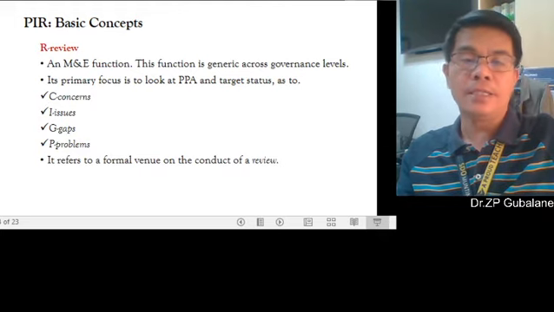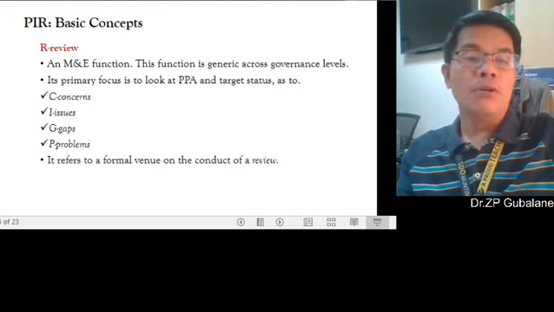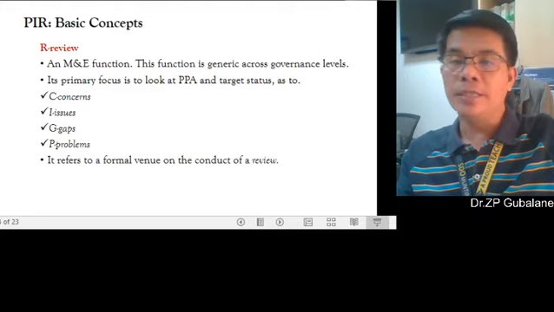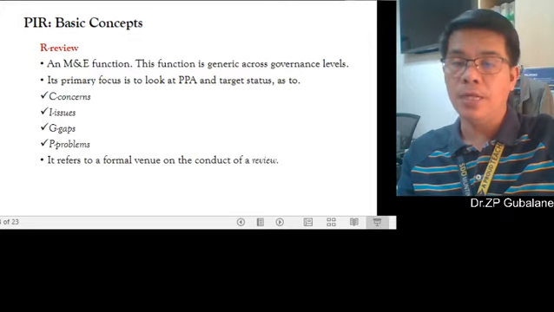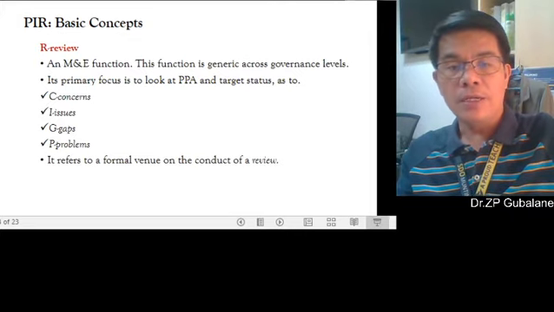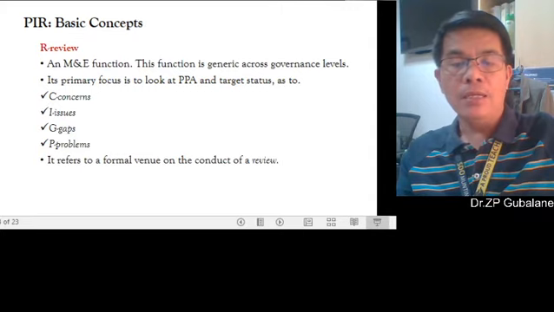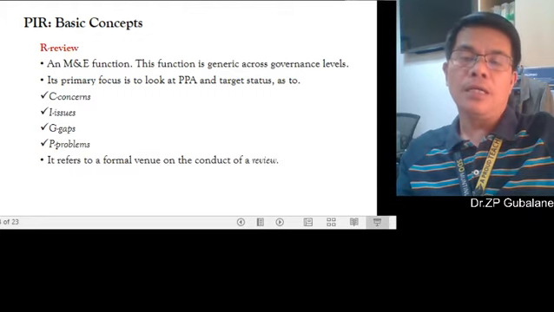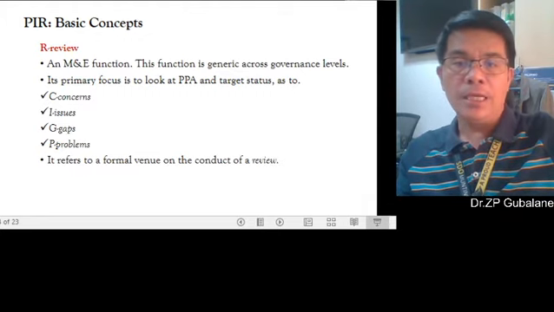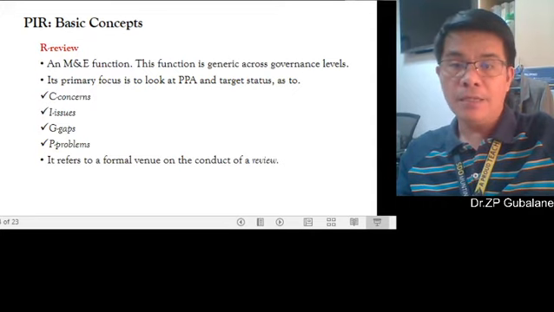Now let's talk about the R. The R here is the term review. Review is actually an M&E function. This function is generic across governance levels. So when we speak about governance levels, we are referring to the level at the classrooms, at the principal's level or school level, at the level of the division office, at the level of the regional office, at the level of the central office.